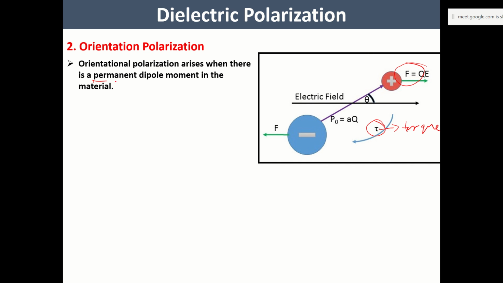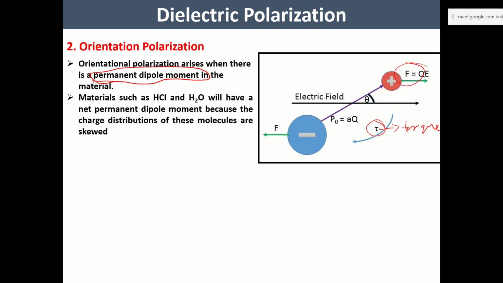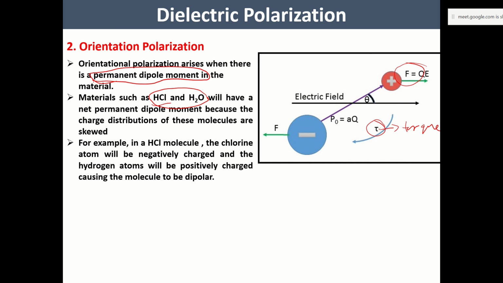When you already have a permanent dipole moment in the material, then this situation applies. HCl and H2O that we are discussing already have the dipole moment, so there is nothing like inducing or creating new dipoles. The dipoles will only tend to align themselves.